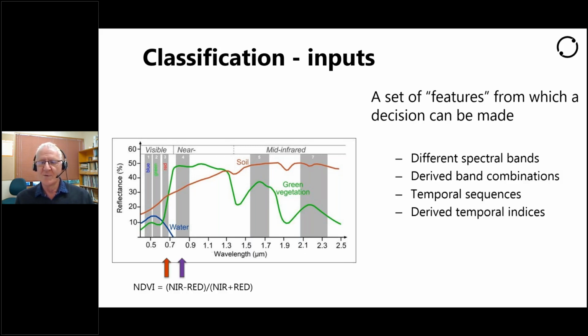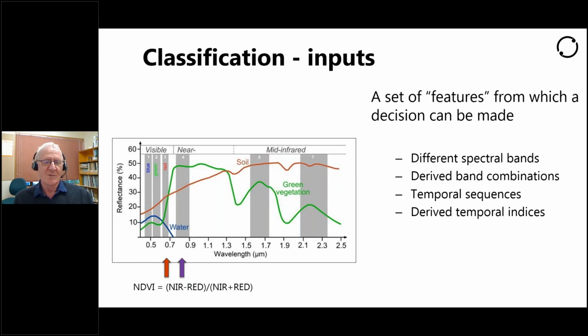However, it's possible to make band combinations and use these instead, or even as well as. So for instance, you could work out the normalized difference vegetation index, which is near infrared minus red divided by the sum of the two, and that's an index widely used to differentiate between green vegetation and bare ground or dead vegetation.